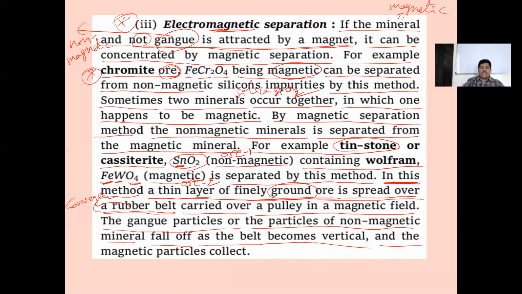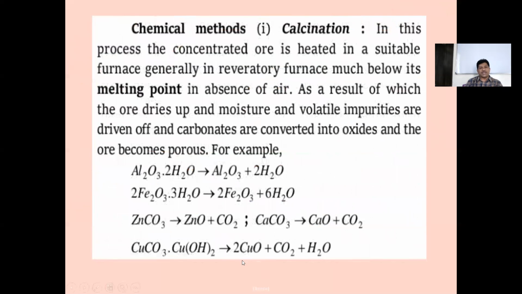The magnetic particles are collected below the magnetic wheel, and the non-magnetic particles are thrown away from the magnetic wheel. This is called magnetic separation.